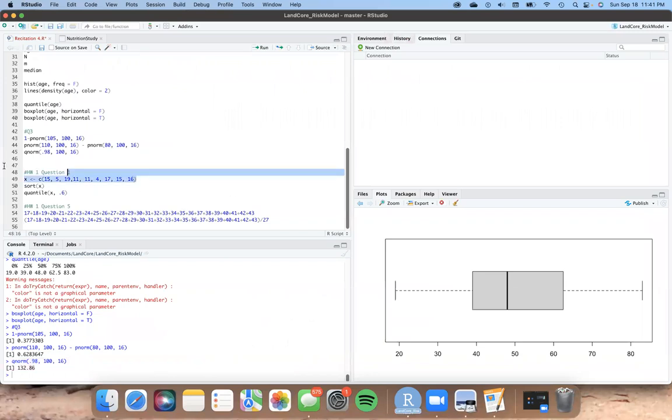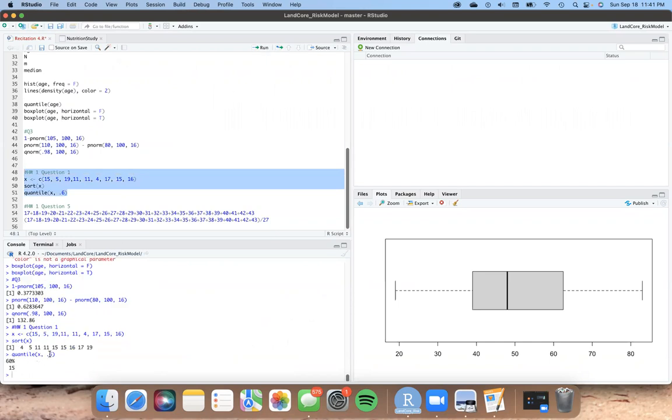So in R, I let X equal this set of points, which is what I was given. And then I could sort them from smallest to largest. And then I wanted the 60th percentile, so I did the quantile function.